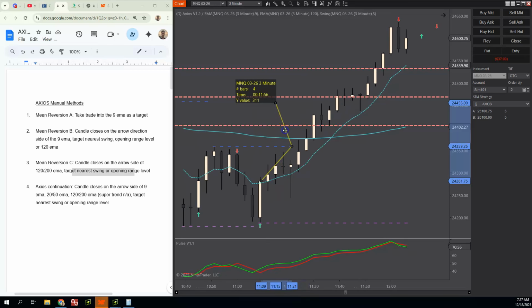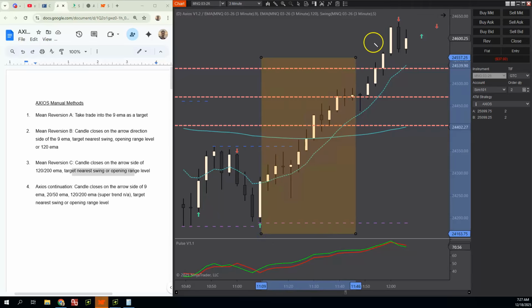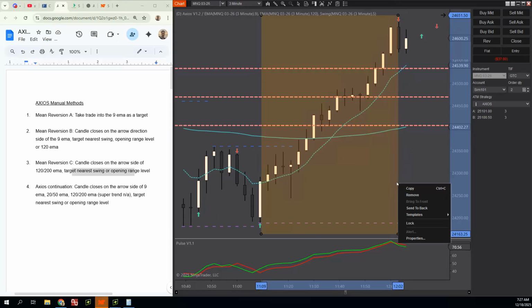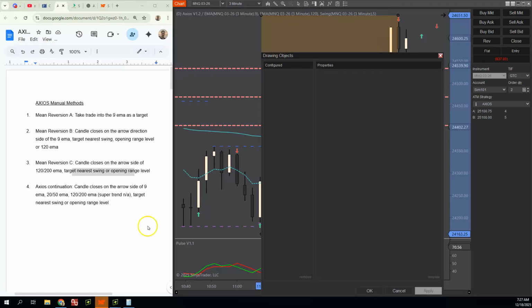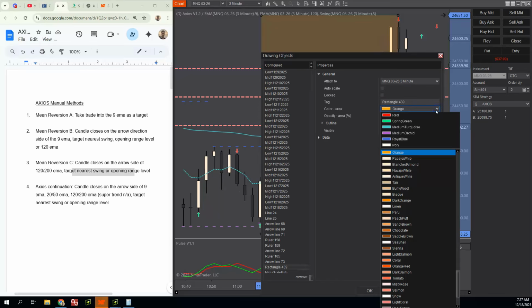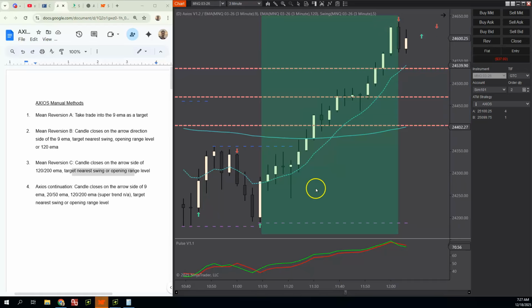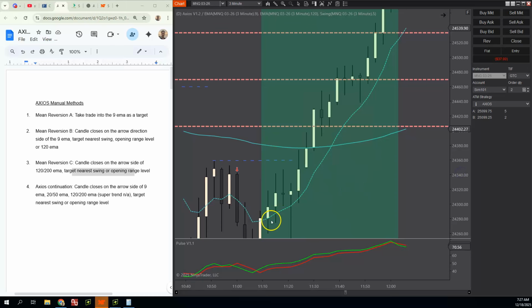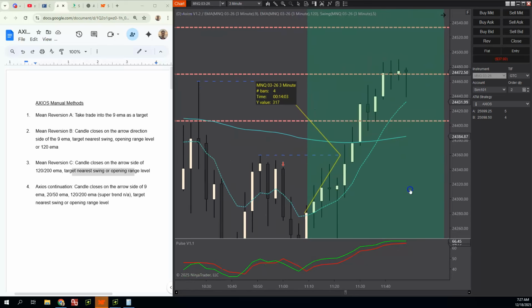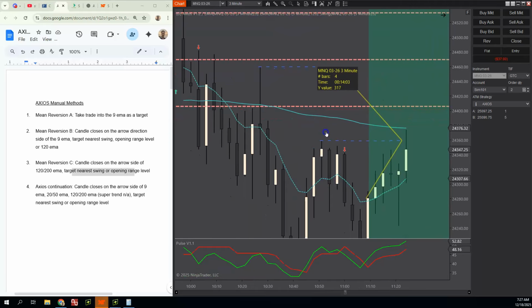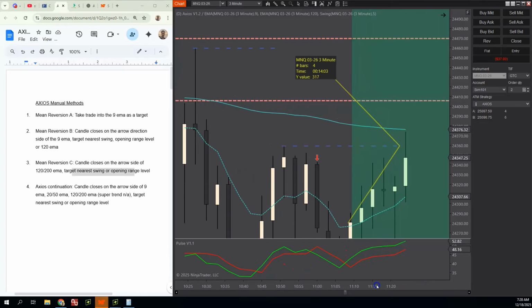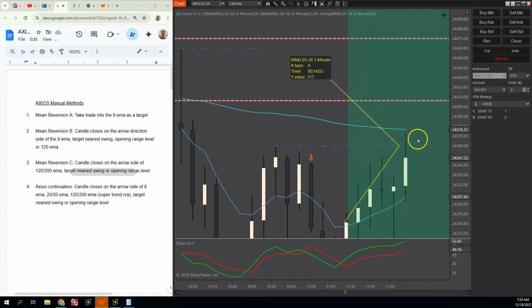But after that trade completes, you're still in your buy zone. Your buy zone all the way to here. There's a red candle, and make that green. Okay. Now, after this trade completes at this swing, I'm looking to see if we can get in another trade on a close above this 120 or 100 or whatever you choose.